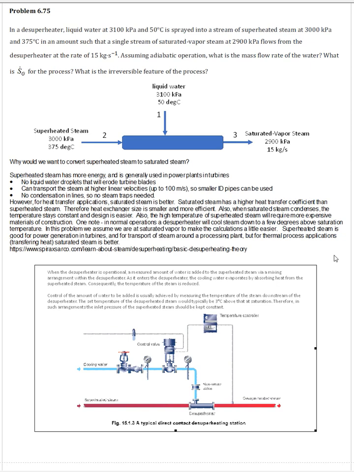However, if you are using steam for thermal applications or for heat transfer applications, where you want the heat from the steam to be transferred to another stream, and that's usually done in what we call a heat exchanger, and you'll learn all about heat exchangers in your heat transfer class that you'll take as a junior. Saturated steam will always have a much higher heat transfer coefficient than superheated steam.